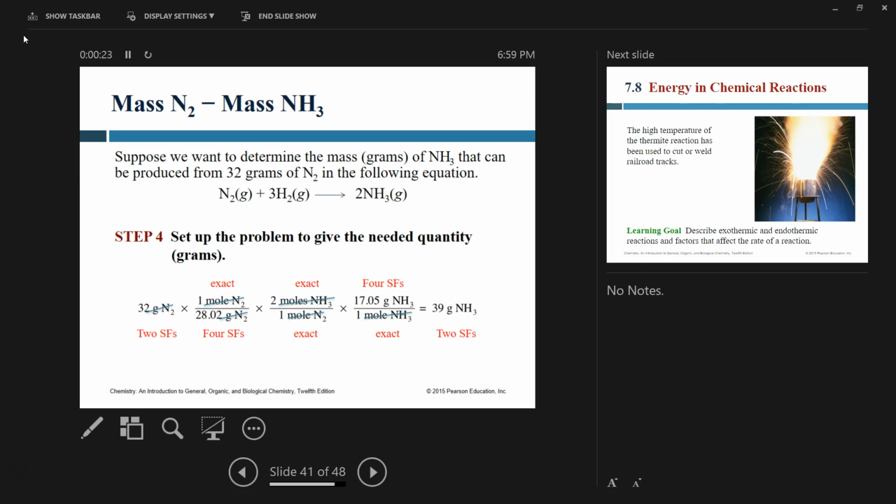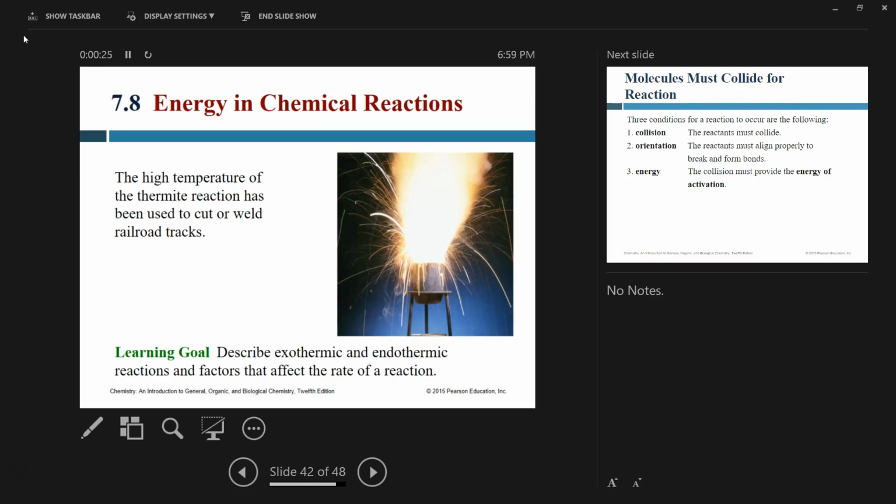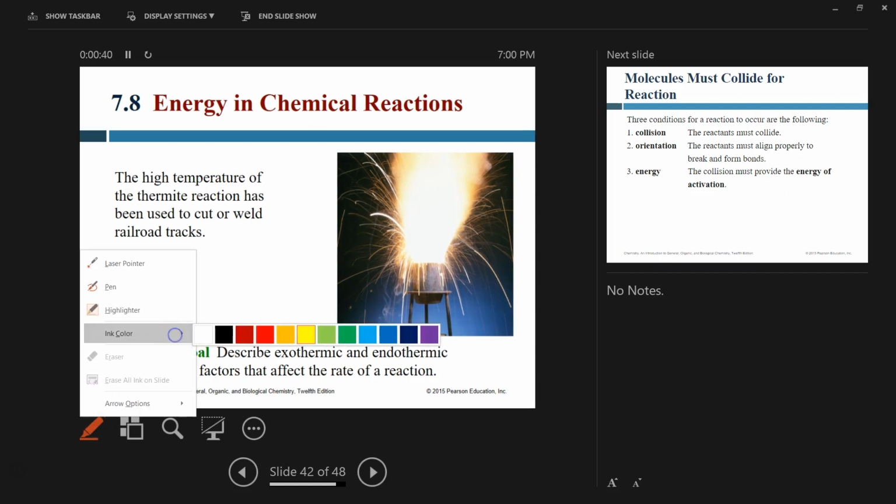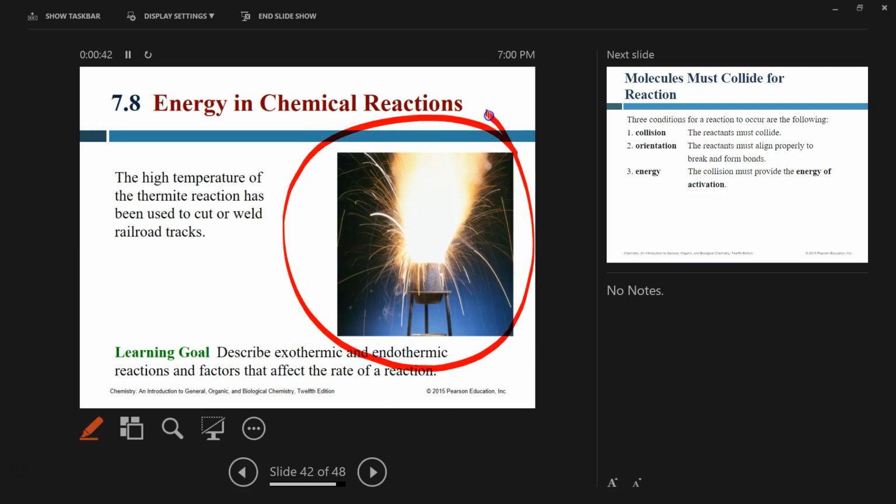So, the last portion that we're going to chat about today is the issue of energy and chemical reactions. You did some chemical reactions that produce a lot of energy, right? For instance, you burned the magnesium band, and it produced an enormous amount of heat.